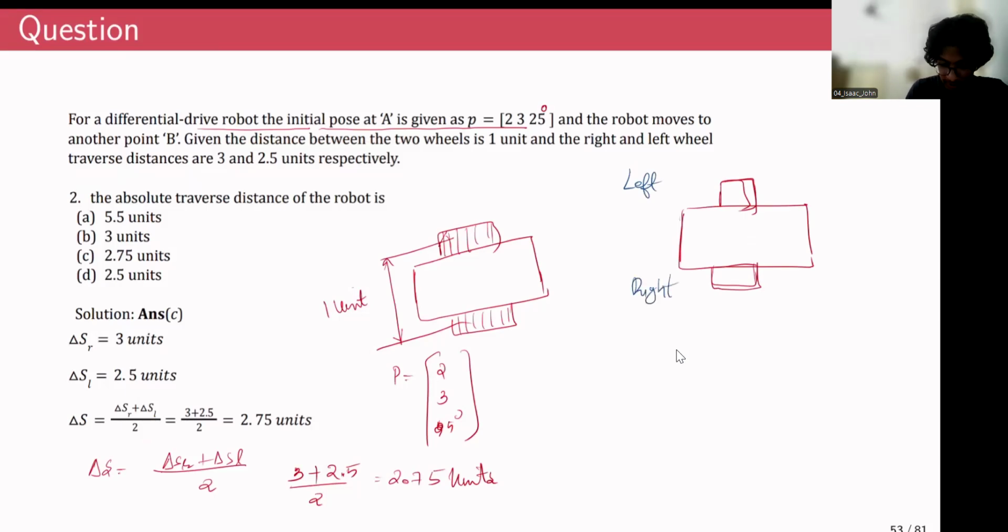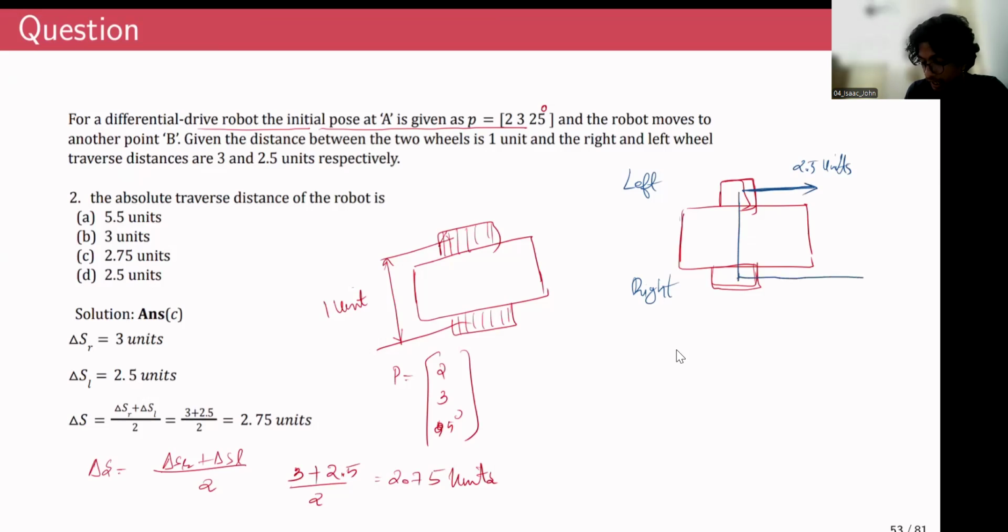As per the question, the left side of the wheel moves by 2.5 units, and the right side of the wheel moves by 3 units.